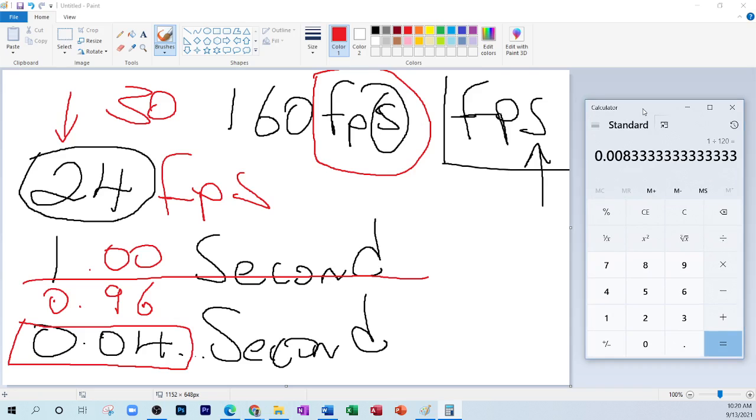So that's why persons counteract the high frame rate battle. Persons want high frame rate, but they counteract it because they say it is too fast for our eyes to perceive, and we can actually see it with the calculation here. It is too fast for our eyes to perceive, so we won't be able to remember it.